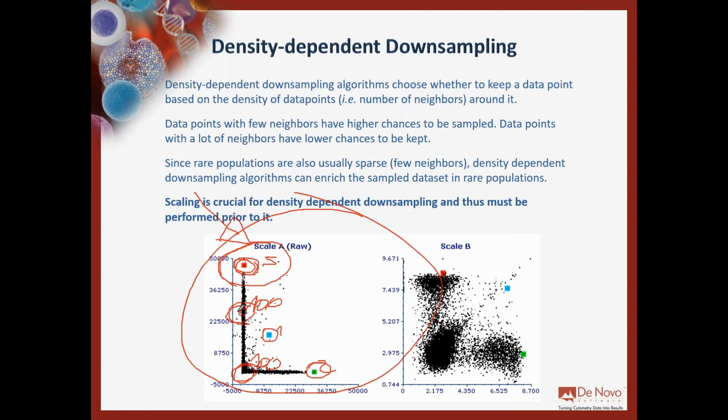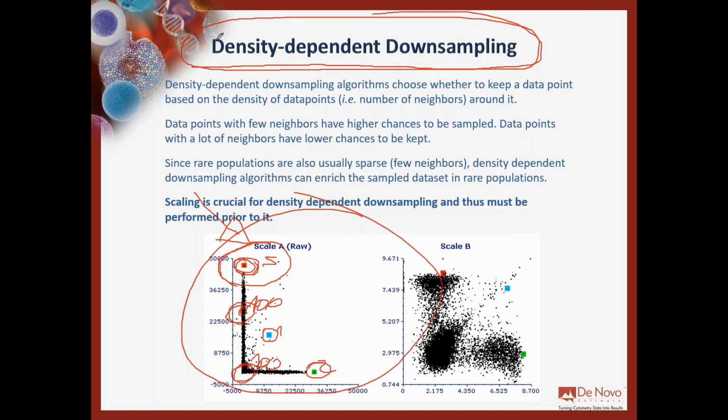Now, it's not like yes or no, it's a matter of a ratio. The chances to keep it decrease with the increasing number of neighbors. And now you can see why, if you run density-dependent downsampling, you need to run it on scaled data. Remember what we said yesterday? It's not only a matter of which steps you add to your pipeline, it's also a matter of the order in which you run those steps.